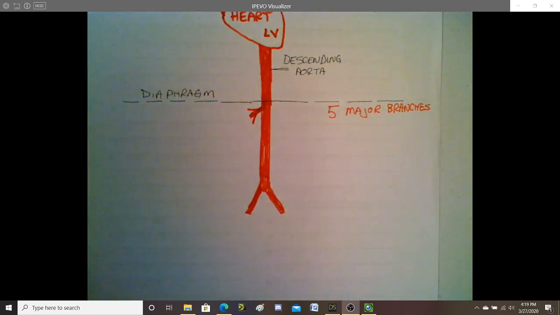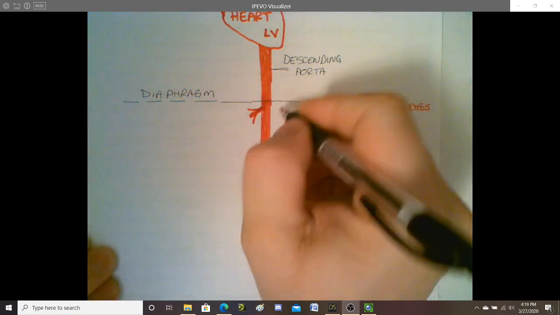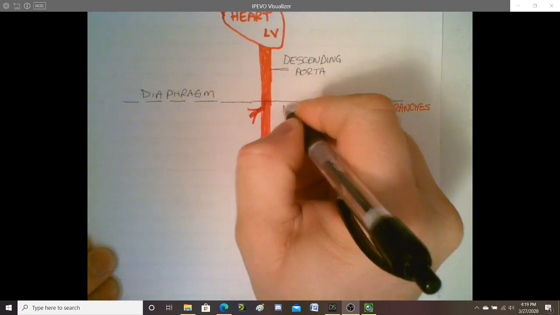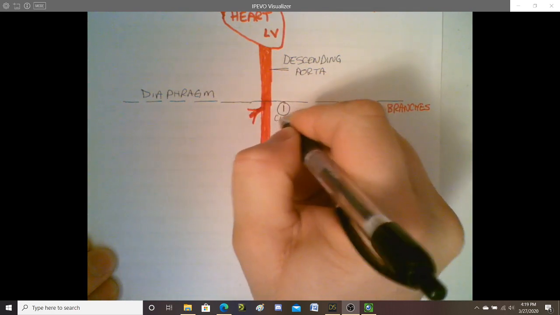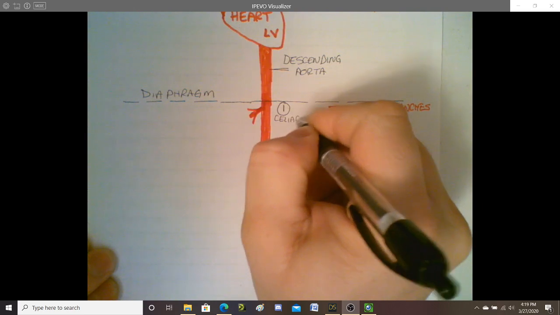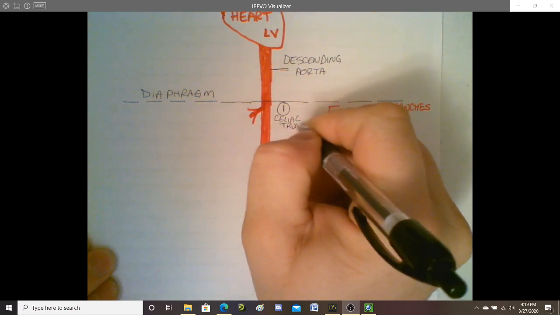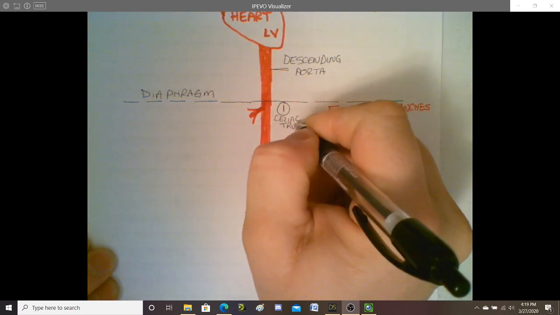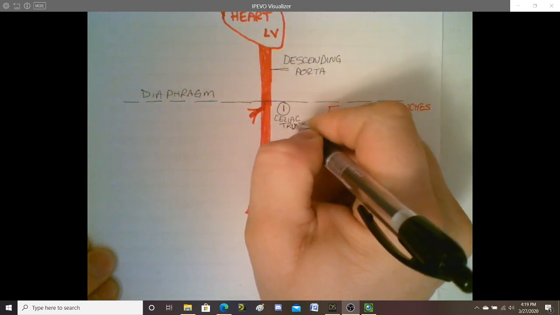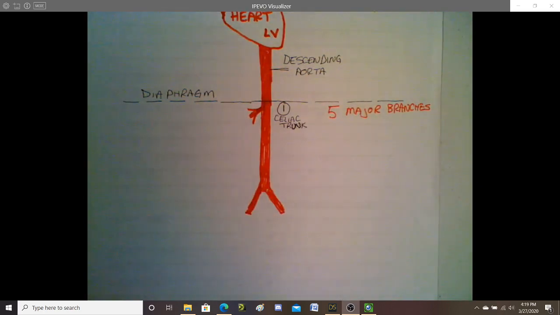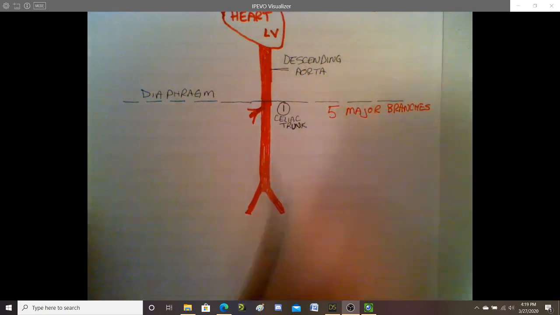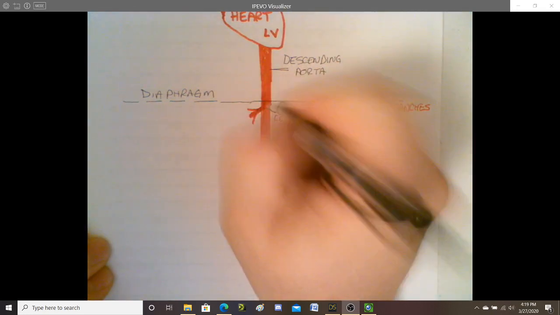And this is called the celiac trunk. So branch number 1 is the celiac trunk. You don't have to write artery or left and right because it's a branch, and there's no vein that has celiac trunk. So our first branch is the celiac trunk.